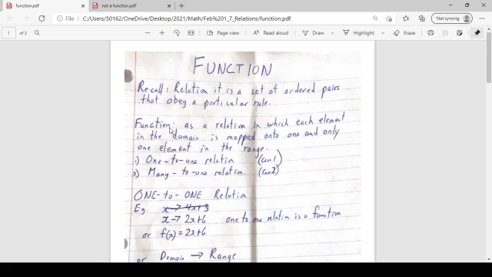Remember, we can also say x is mapped onto 2x plus 6. That's another way we can say that. Now, this f(x) is the domain, this part of the equation is the range. So we can put it this way if we want to. We may go further and say that f(x) maps onto 2x plus 6. That's the next way we can state this.